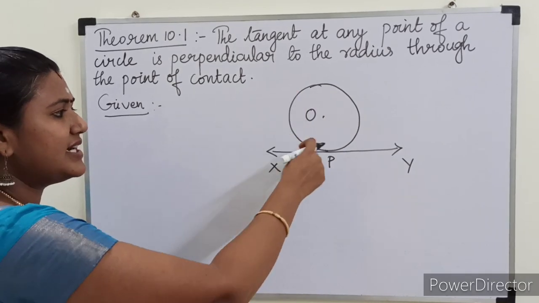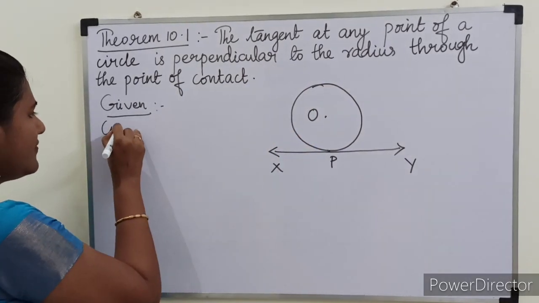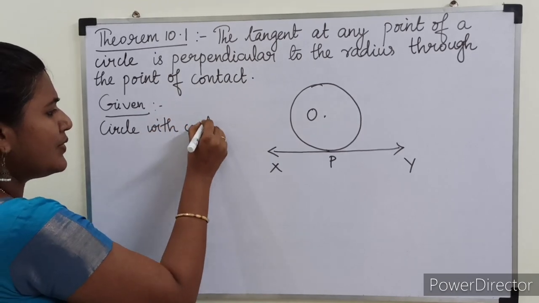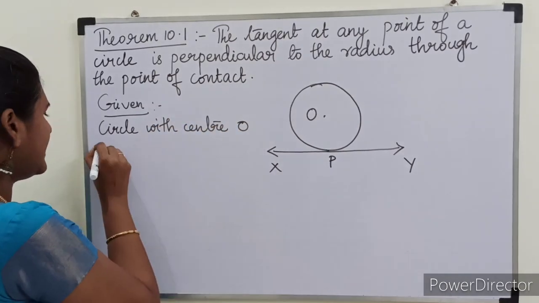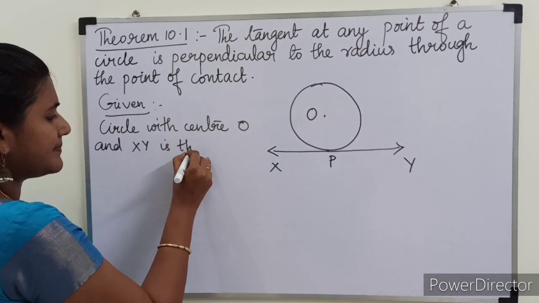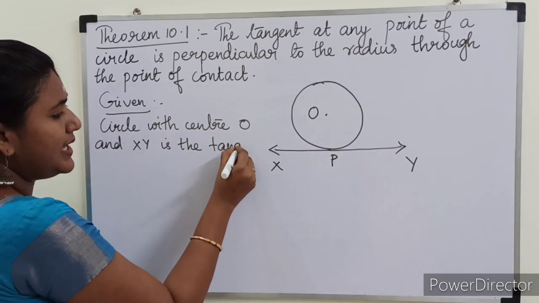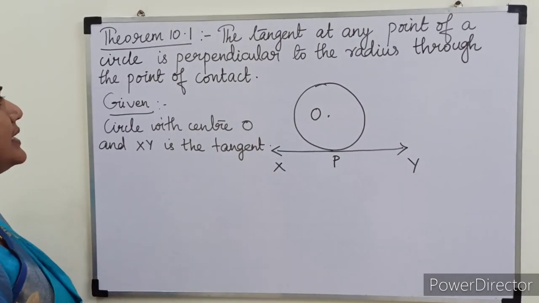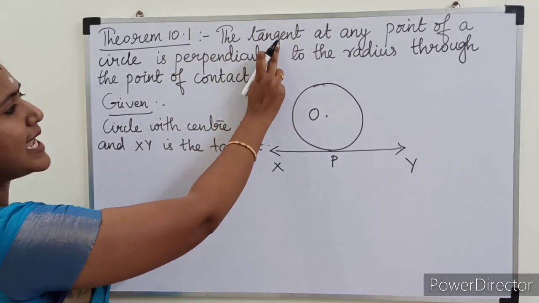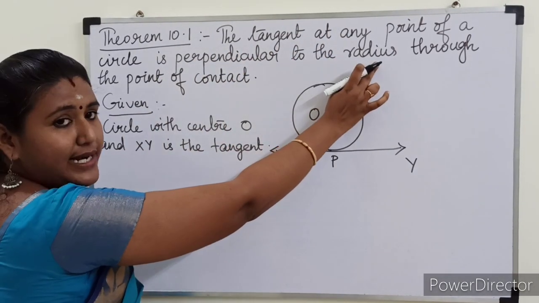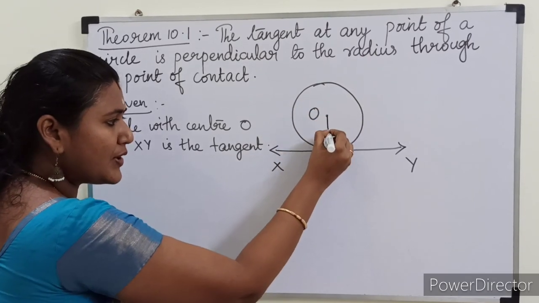So we are given a circle with center O, and XY is the tangent with P as the point of contact. Now what we have to prove is that the tangent at any point is perpendicular to the radius through the point of contact.